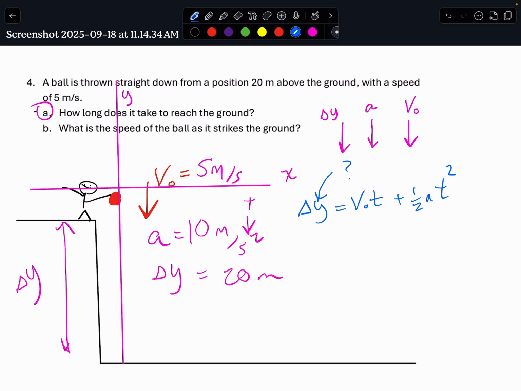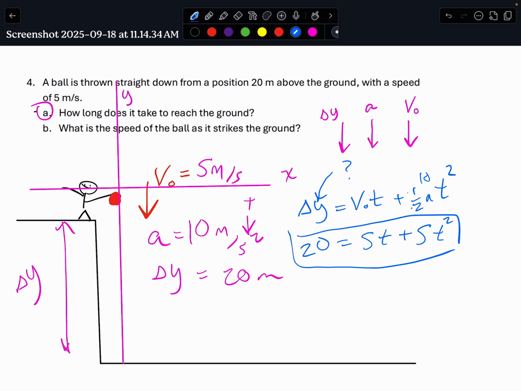So this is one equation and one unknown. You could write it like this, and I'm going to leave off the dimensions here. So 20 is equal to 5t plus, well, this is 1/2 of 10, and 1/2 of 10 is 5, so 5t squared. See, that's a quadratic equation. If you know how to use the quadratic formula, then boom, plug this in here and you can solve for t.